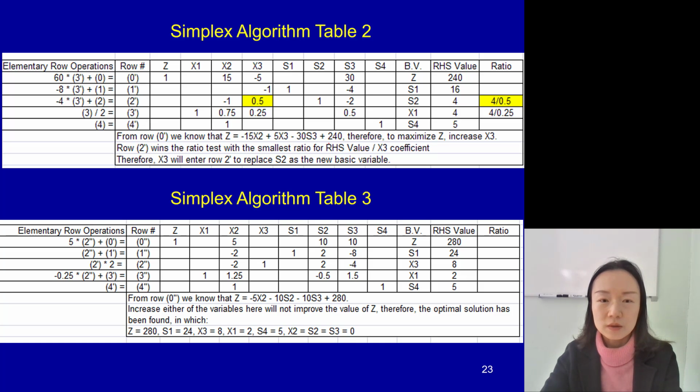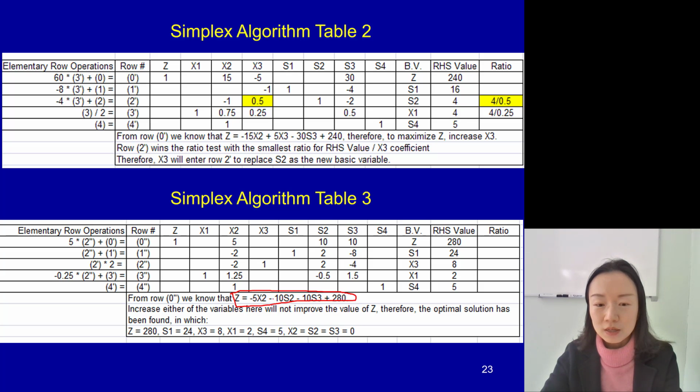And eventually, we would reach this last table where we get our z equals this. And we find out x2, s2, and s3, those three variables in this objective function all have negative coefficients.